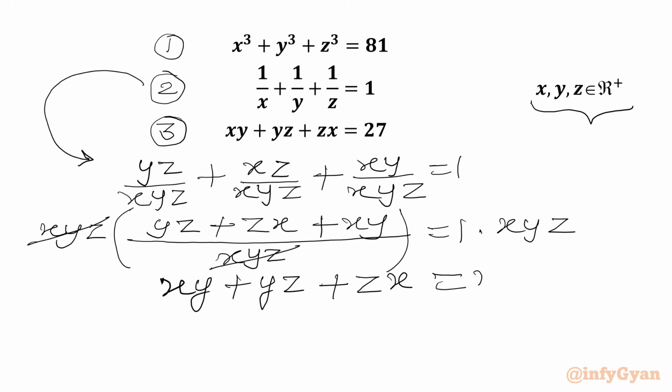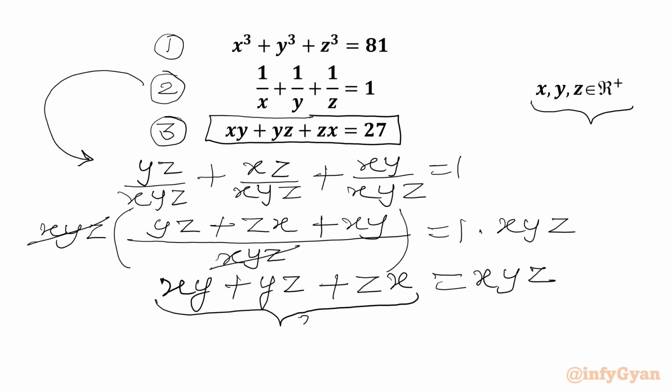equal to xyz. Now as per our equation number 3, this value is 27. So we will write here 27. So I can write the xyz value will be equal to 27.